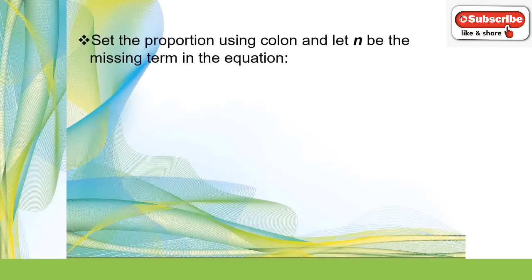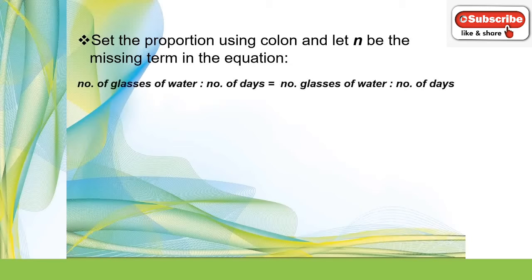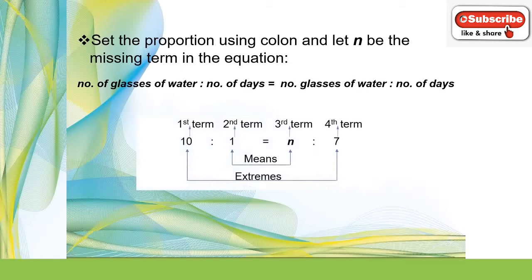The next step is set the proportion using colon and let n be the missing term in the equation. The order of the terms in the equation should be number of glasses of water is to the number of days equal to the number of glasses of water is to the number of days. So our equation now is 10 is to 1 equals n is to 7.